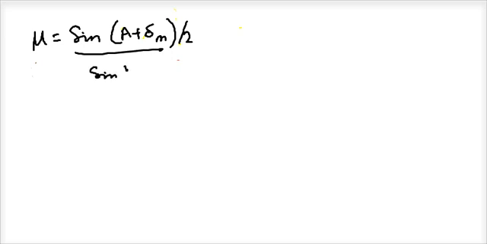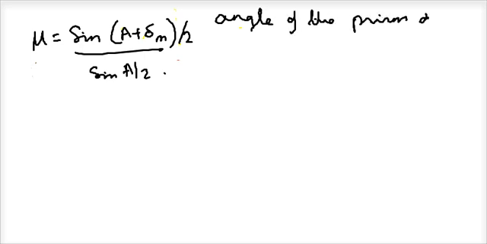So already we have seen that refractive index mu is equal to sine of (A plus D minimum) by 2 divided by sine of A by 2. Now suppose the angle of the prism is small, let us say it is less than 10 degrees.